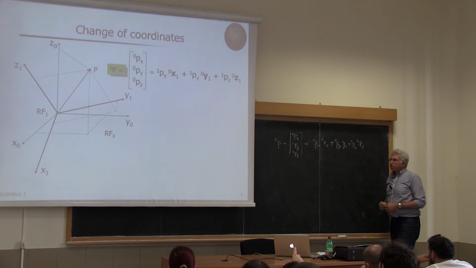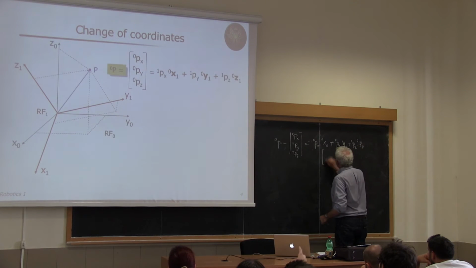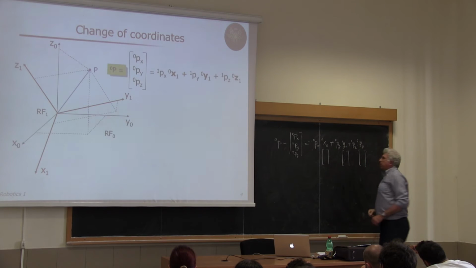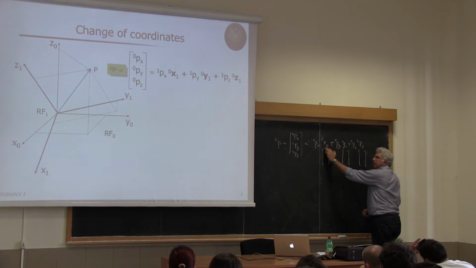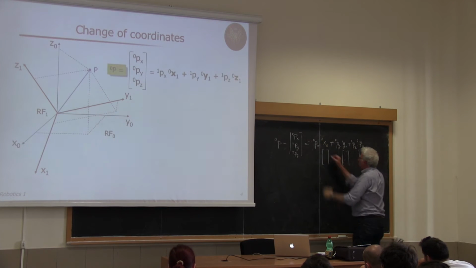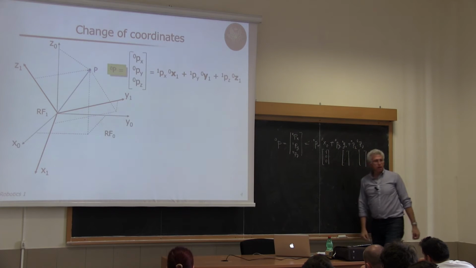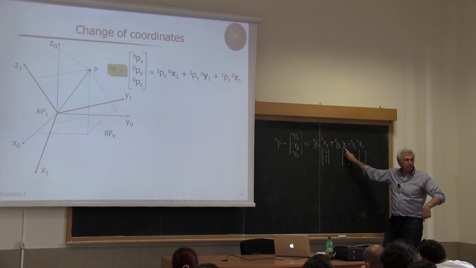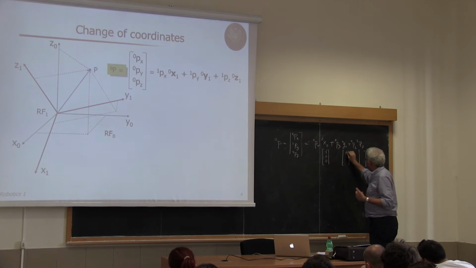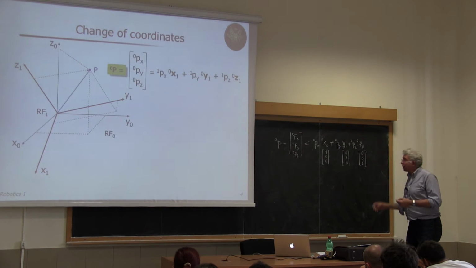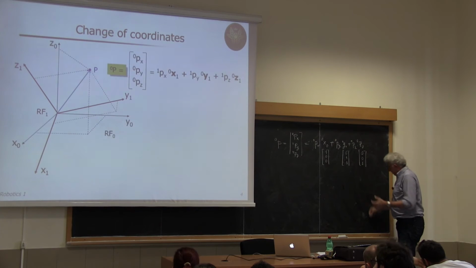What I mean by that is that these 3 numbers are organized in a multiplication of 3 vectors. This is the x0 axis expressed in frame 0, so this is simply 1, 0, 0. This is the y0 axis expressed in frame 0, so it's 0, 1, 0. And same here.